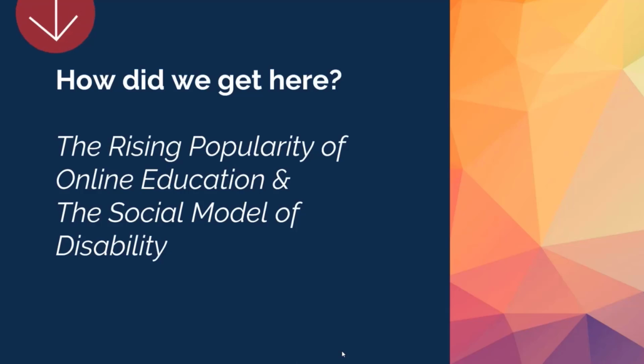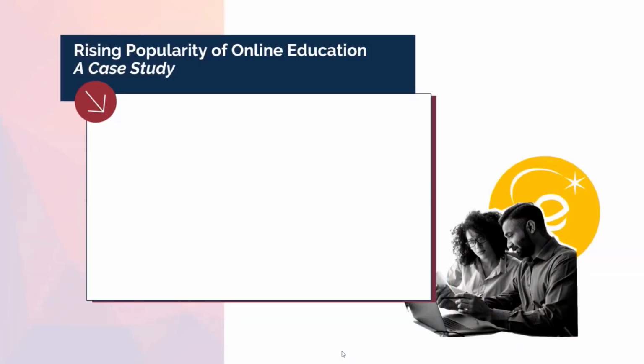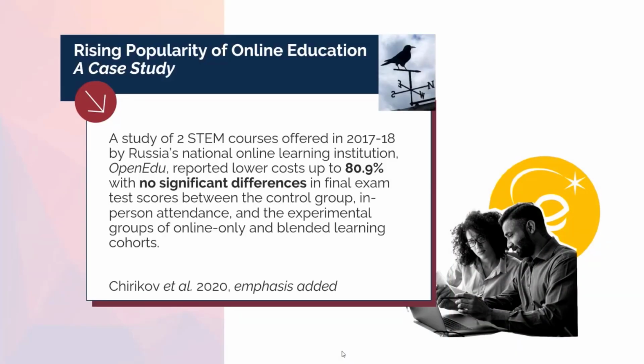Okay, so how did we get here? I'm first going to discuss the rising popularity of online education and also the social model of disability. You might have heard in other presentations by eConcordia colleagues about how online education is getting quite popular. I was interested in a case study of two STEM courses offered in 2017 and 18 by Russia's National Online Learning Institution, OpenEdu.